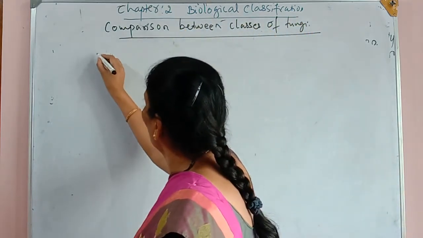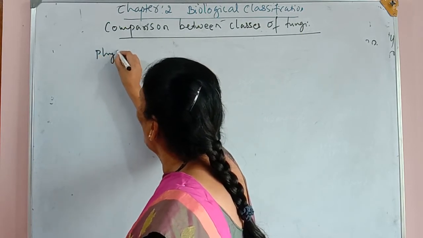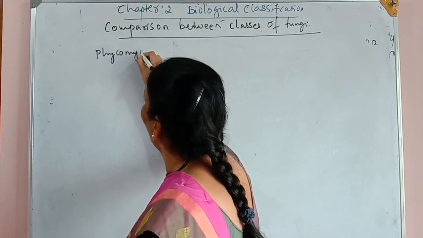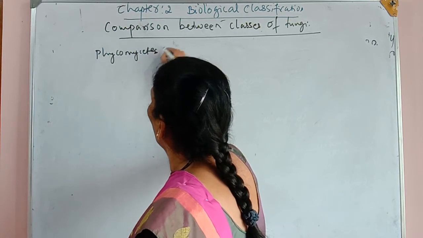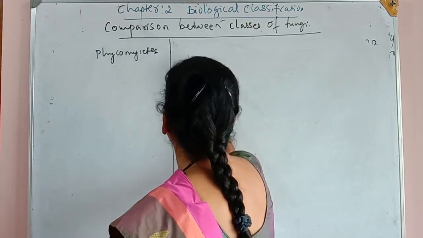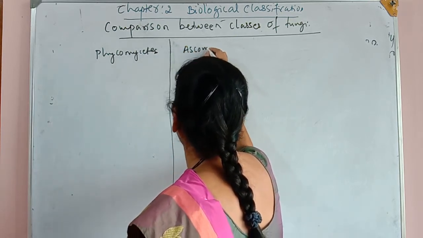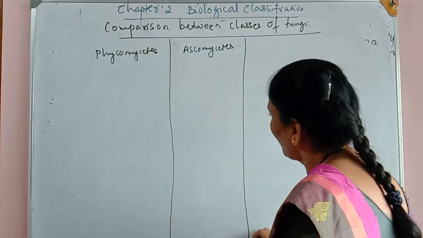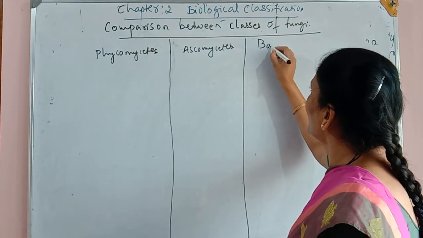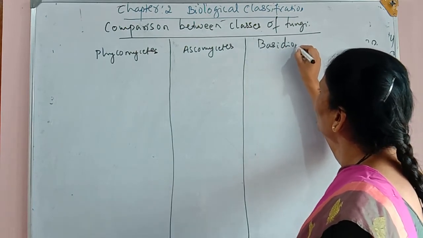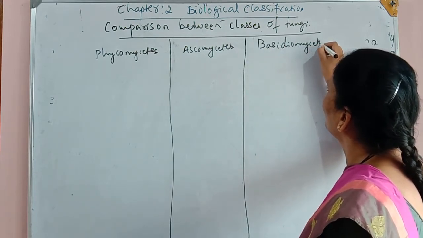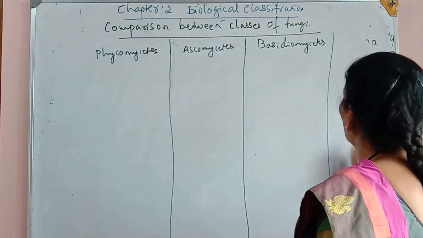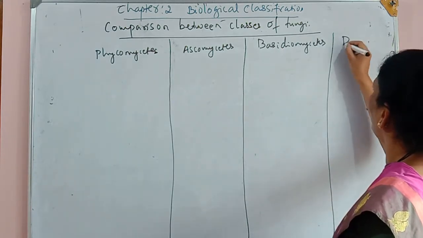There are 4 classes: Phycomycetes, Ascomycetes, Basidiomycetes, and the last one is Deuteromycetes.